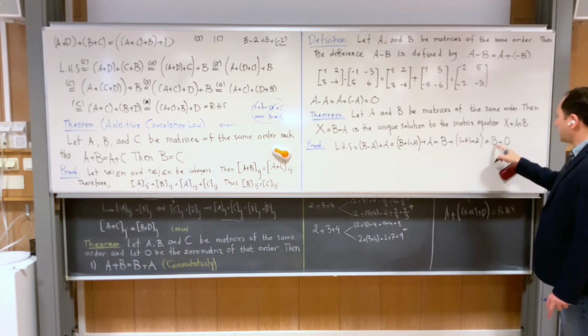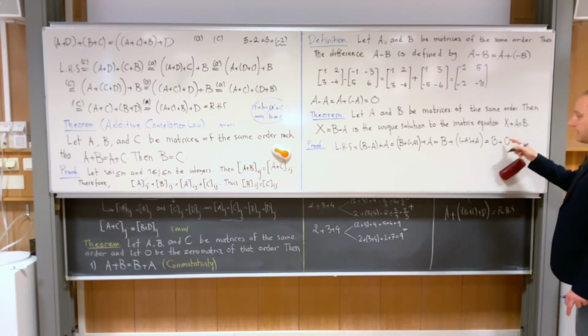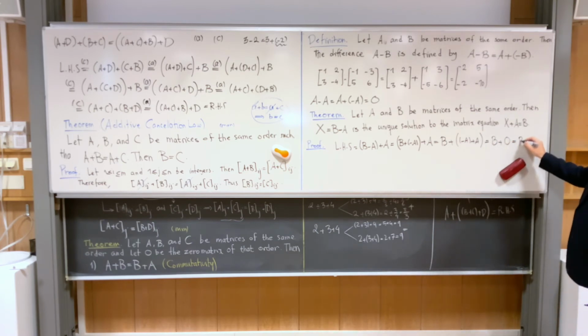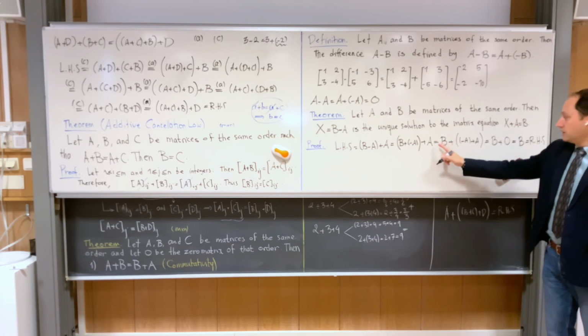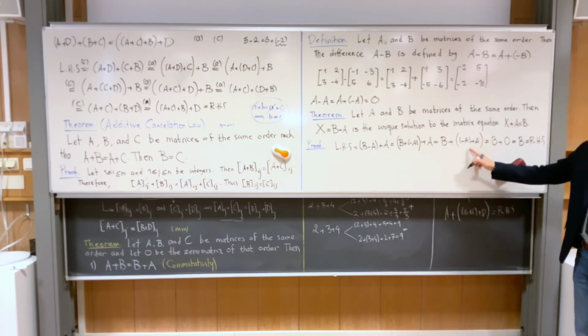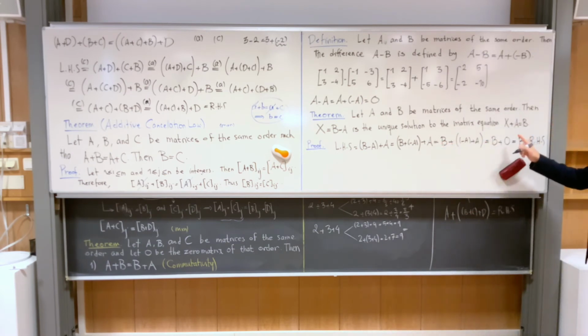And then any matrix added to the zero matrix, based on additive identity, becomes the matrix itself, and that is exactly the right-hand side.